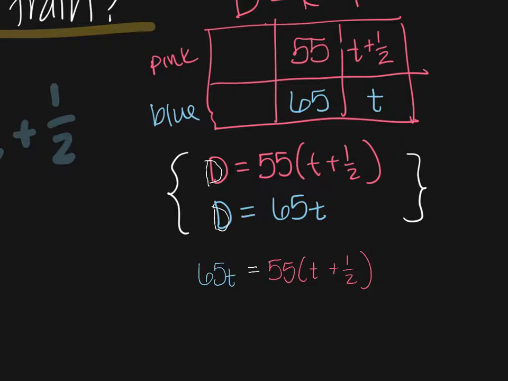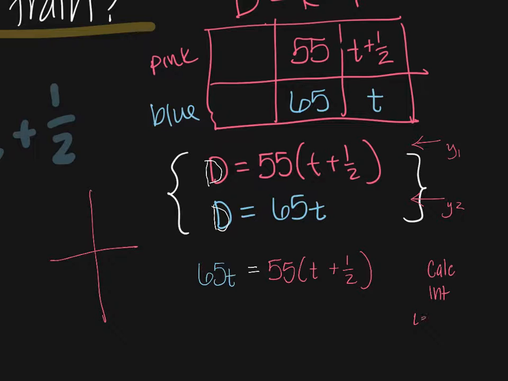The other thing you can do is you can actually end up graphing these. Go ahead and put this into your calculator. Put both of these equations, this one into y1, this one into y2, and I want you to graph them. And when you graph them, I want you to go to calculate, and I want you to calculate the intersection point. You're going to have to eyeball it.